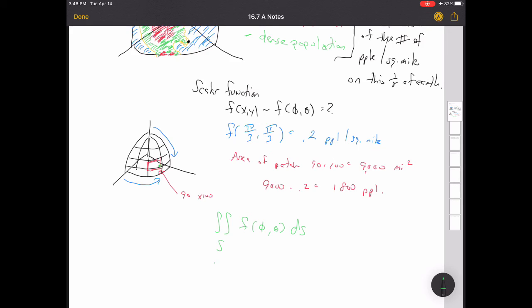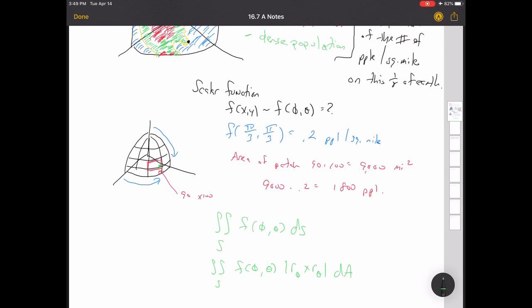But really, if I take the double integral over the surface of f of phi and theta, if you recall from last time, the area of one of those patches could be written as the magnitude of the cross product of the partial derivatives, and then it would be over a dA.